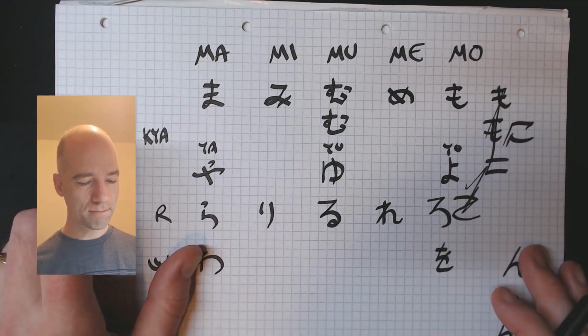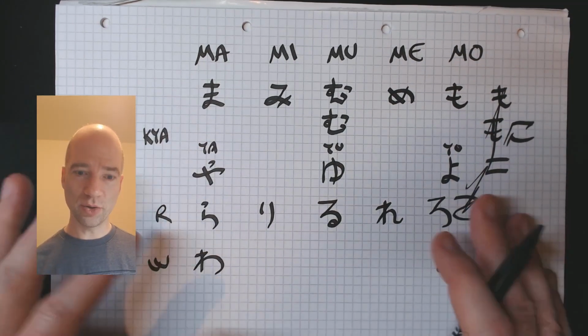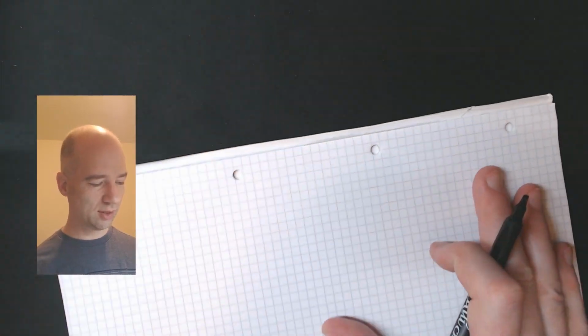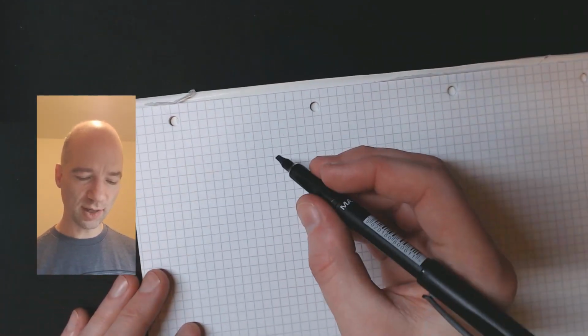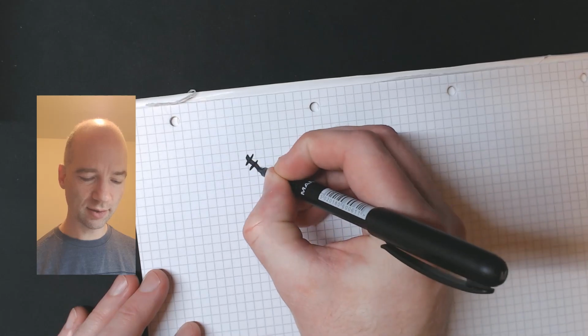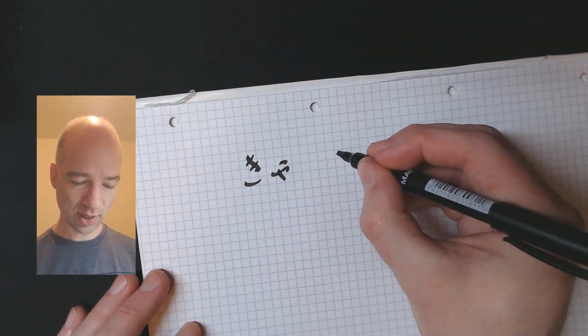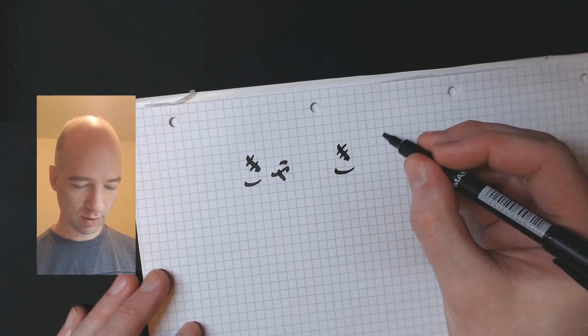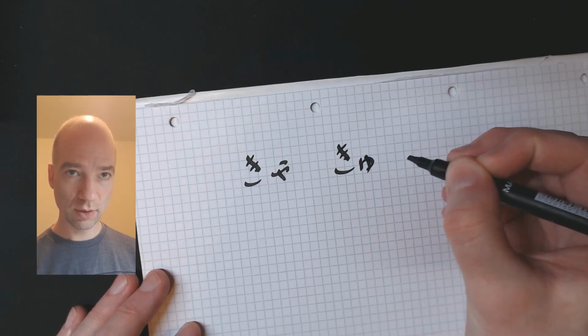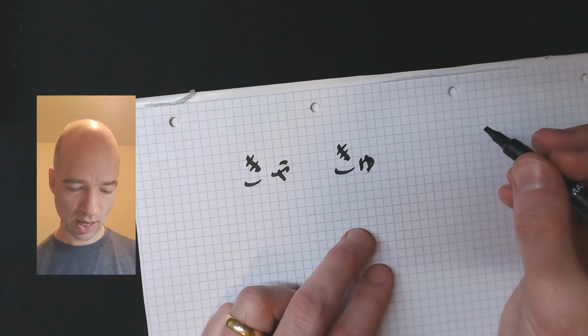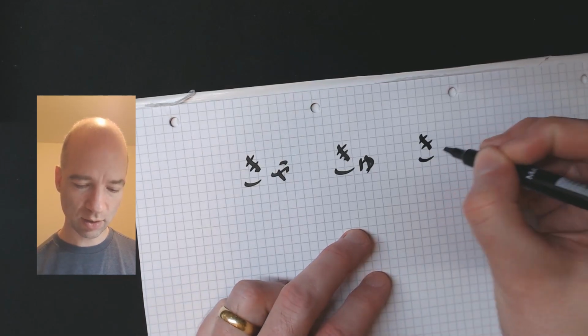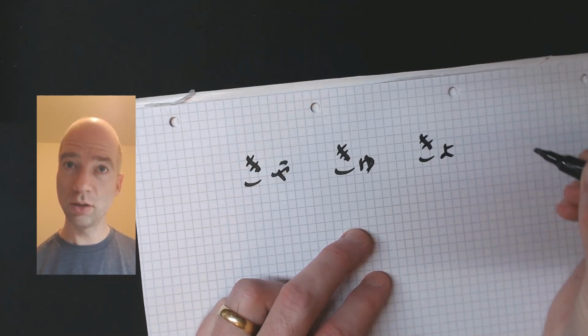And then remember that you can also create the glides with things on the K line. So we have our kya, and we have our kyu, and we have our kyo.